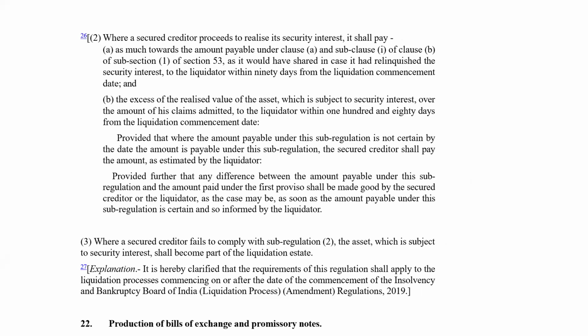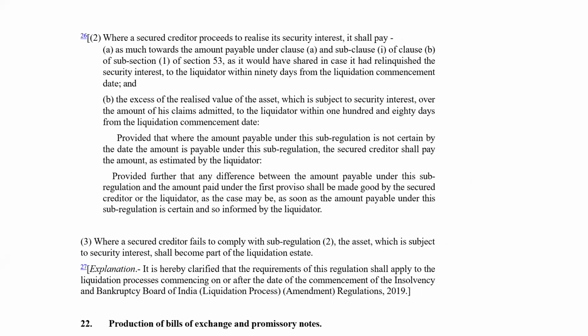And sub-clause 1 of clause B of sub-section 1 of section 53, as it would have shared in case it had relinquished. What is sub-clause 1 of clause B? Wages paid plus the amount paid to secured creditor in case they have relinquished their security interest. है ना? यही है ना? To the liquidator within 90 days from the liquidation commencement date. Right.